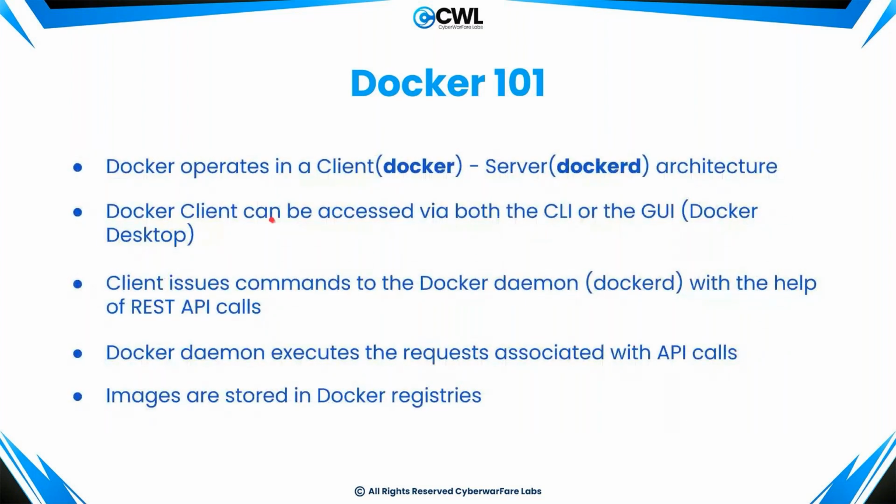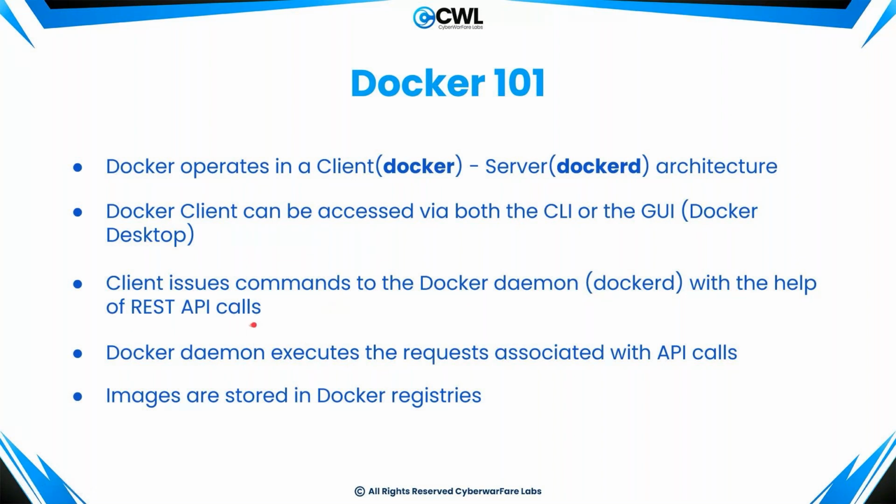Now, moving forward, as already mentioned, Docker operates in a client server architecture. The Docker client can be accessed via both CLI or GUI based on what OS we are installing, right? In Windows, the GUI or Docker Desktop is installed. For the CLI, we can use macOS or a Linux box as well. The client issues commands to the Docker daemon, or dockerd, with the help of REST API calls.